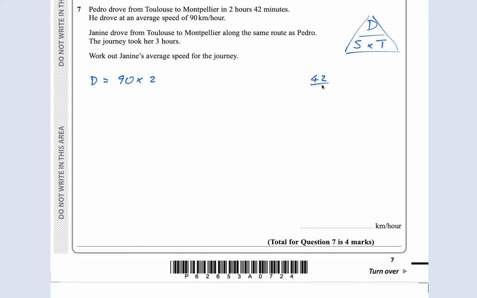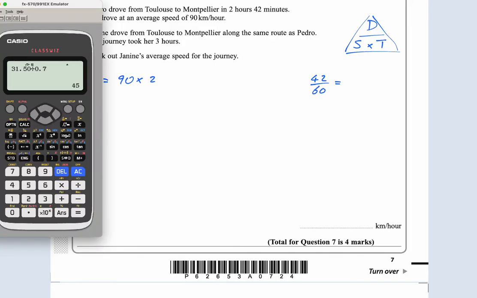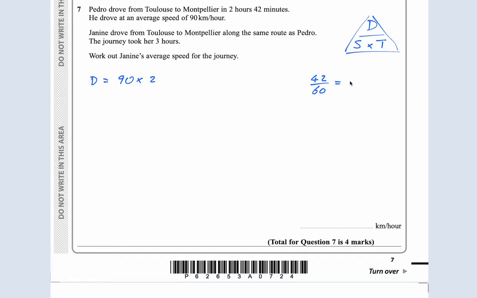So the way I do it is I divide by 60 because there's 60 minutes in an hour. So 42 over 60, let's do that on our calculator. 42 divided by 60 is 7 over 10 or 0.7. So the time is actually 2.7 because it's 2 hours and 42 minutes, which we now know is 0.7 of an hour.